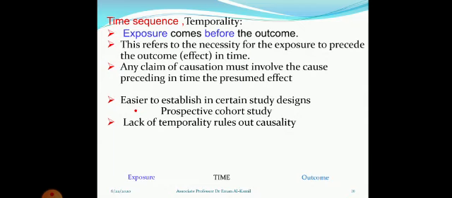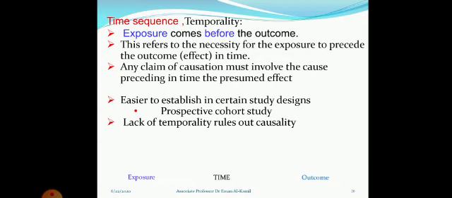For example, smoking for a long period, smoking before the occurrence of lung cancer, or using, for example, contraceptives, then the woman may develop breast cancer. So this refers to the necessity for the exposure to precede the outcome or the effect in time.